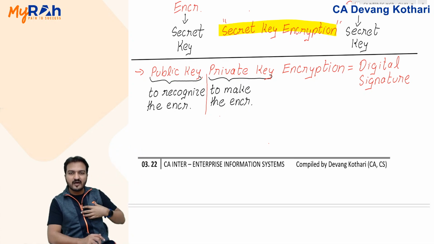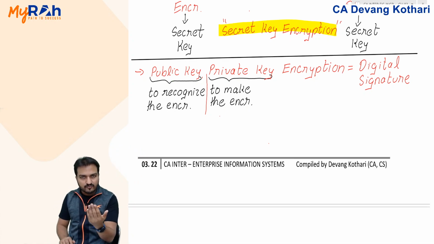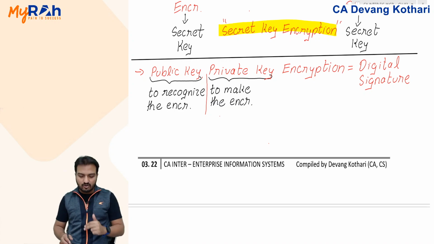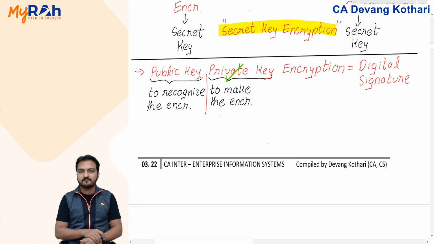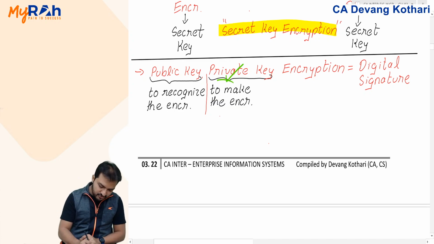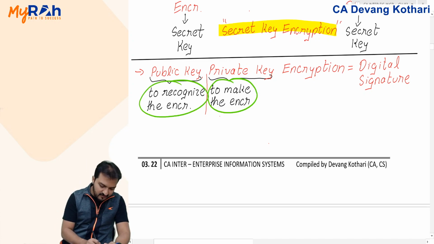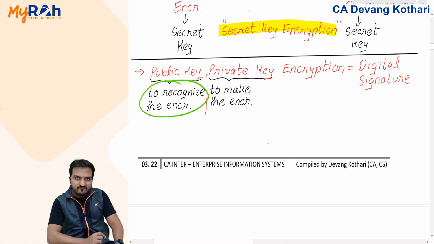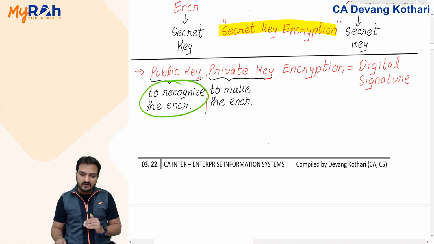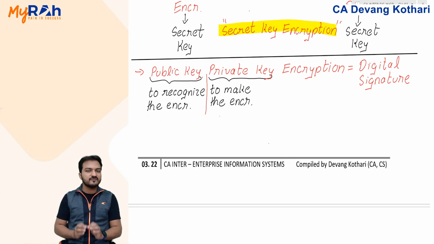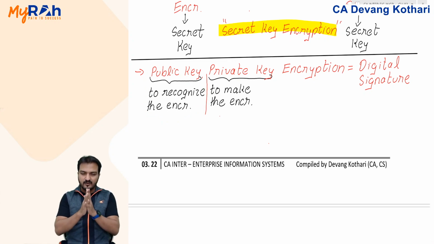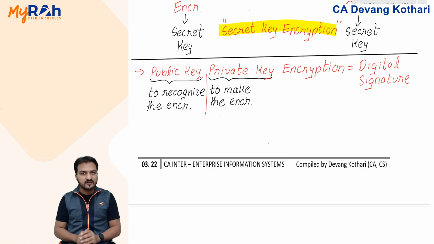Now whenever I want to send a document to you, I will encrypt that document using my private key. Private key is used to make the encryption. Public key is used to recognize the encryption. So I will do the encryption using my private key, and after encrypting I give that document to you. Now what is the benefit of this private key encryption?